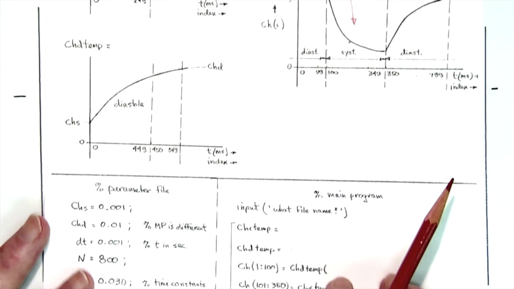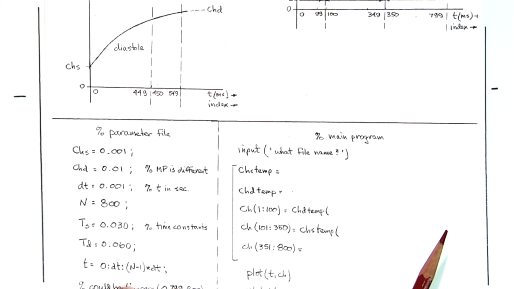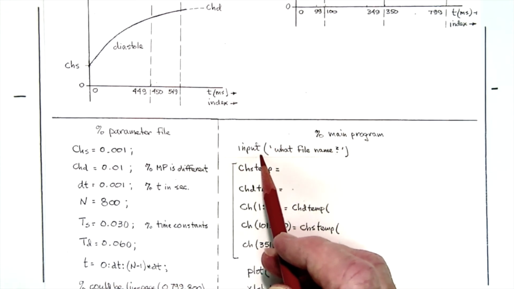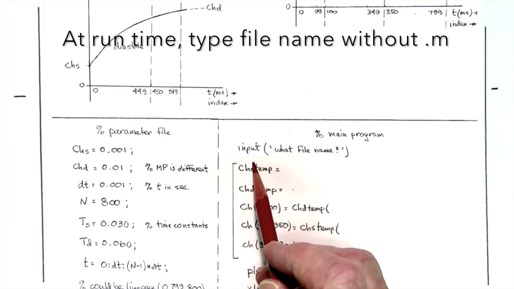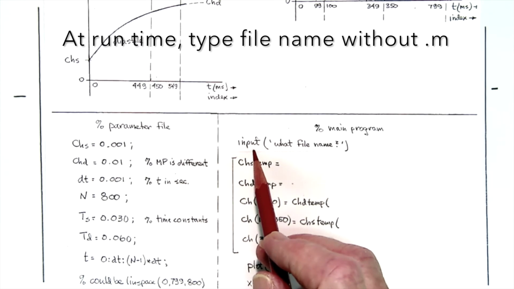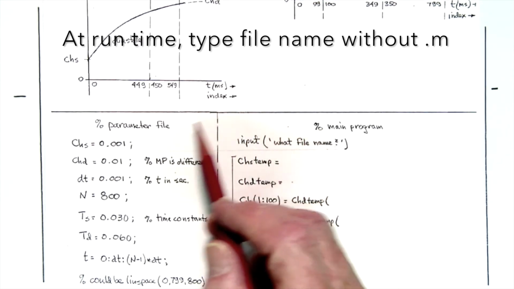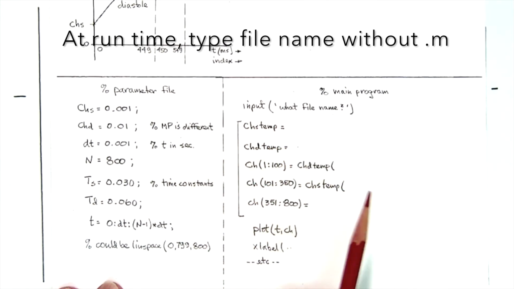Well, down here at the bottom is going to be the main program that you're going to write for this homework problem, and it's going to start out with the same command that we talked about just a couple of minutes ago, input, and then it asks what file name. Here's where you're going to type the name of the parameter file that you're going to put together. What's in the parameter file?